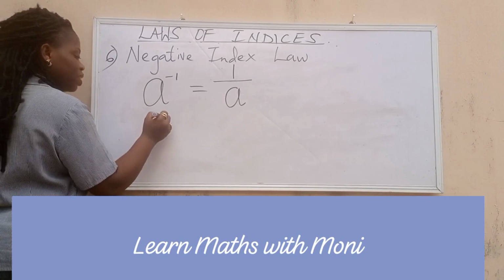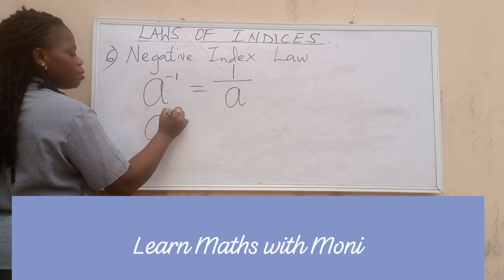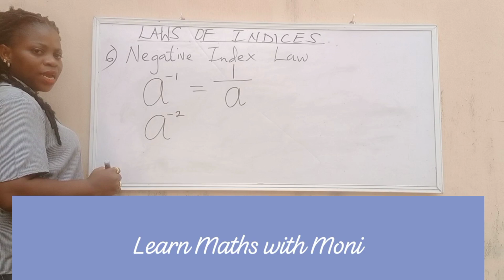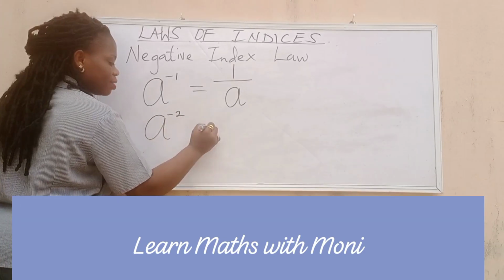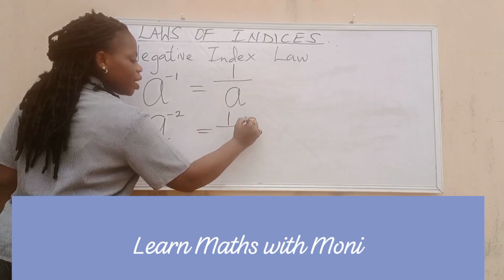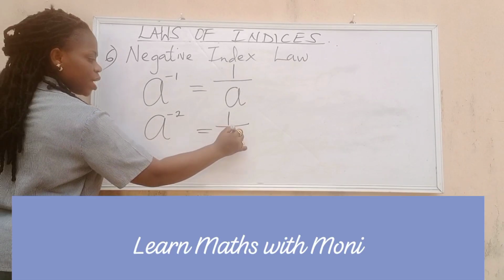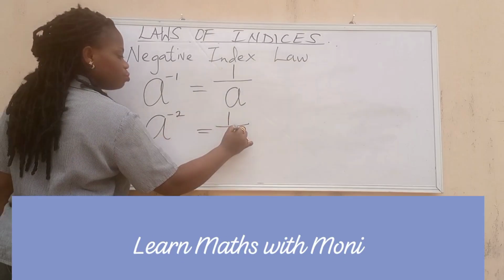What about if the a is raised to power minus 2? Yes, it's the same thing. The negative means 1 over a raised to power 2, a squared.